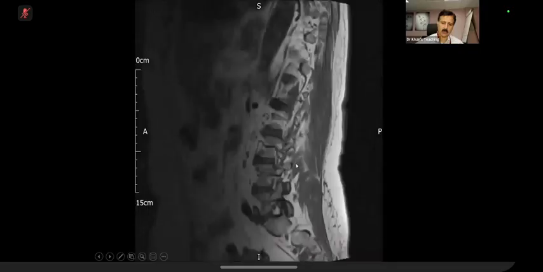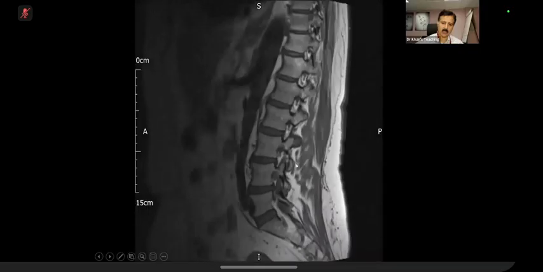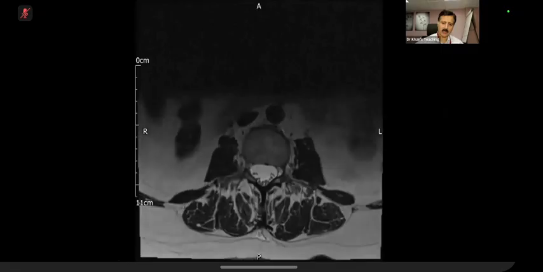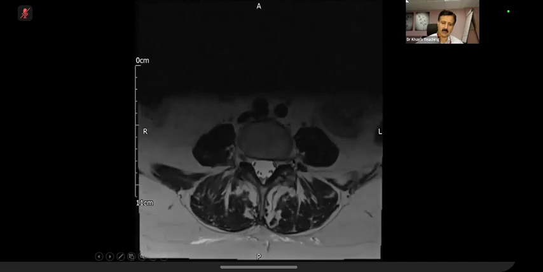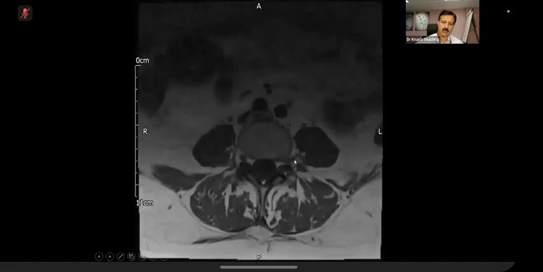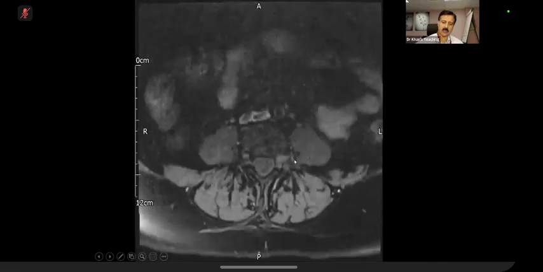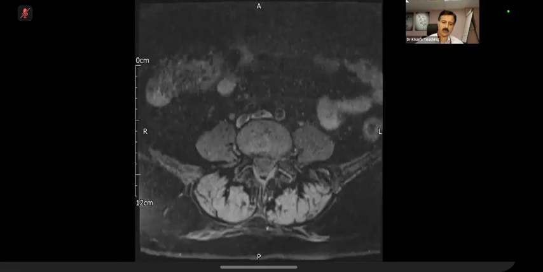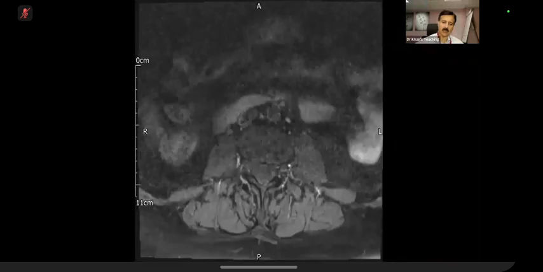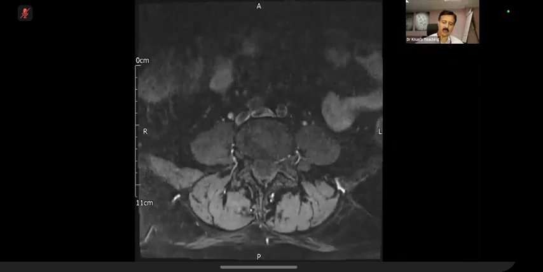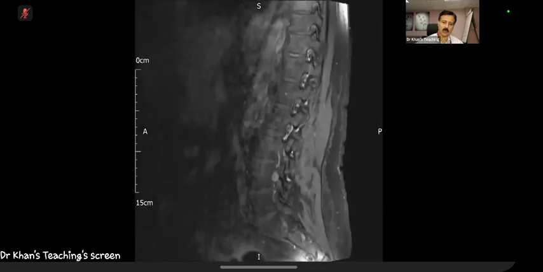It is also visible on this T1 weighted sequence, and on this T2 weighted sequence you can see it in continuity with this nerve root, and once you give contrast it is still in continuity with the nerve root. This is in keeping with a neurogenic lesion, schwannoma versus.